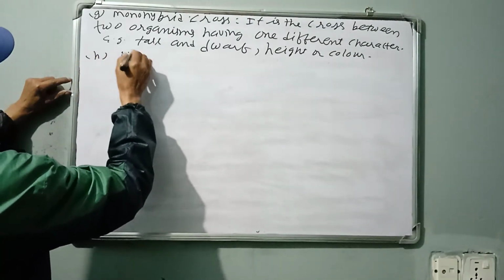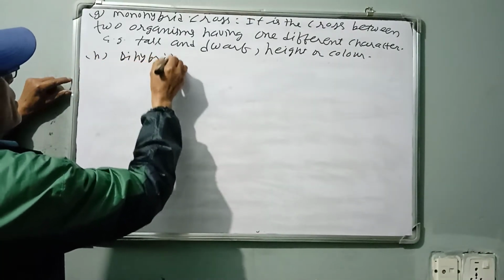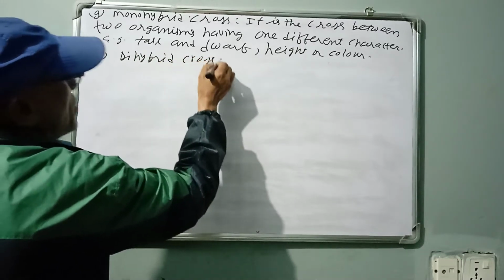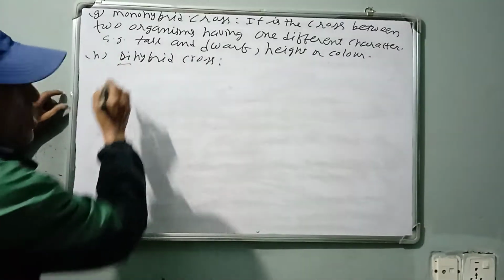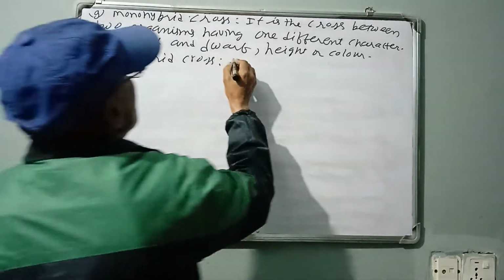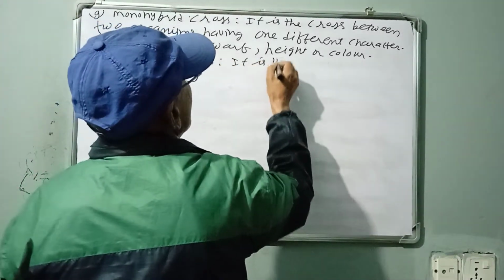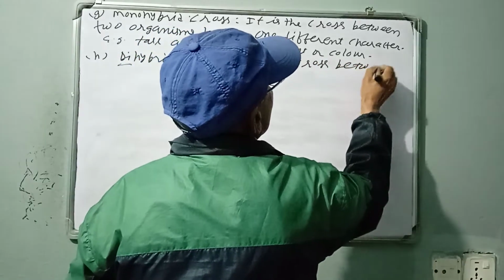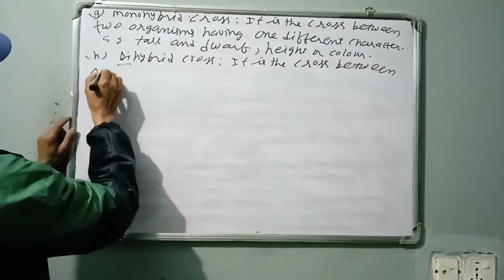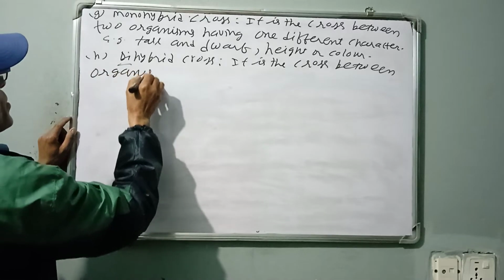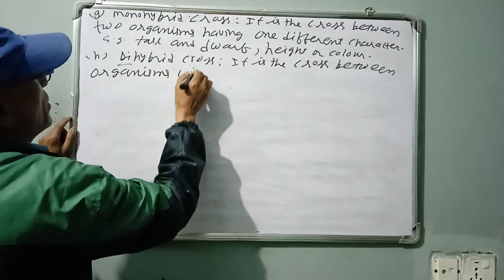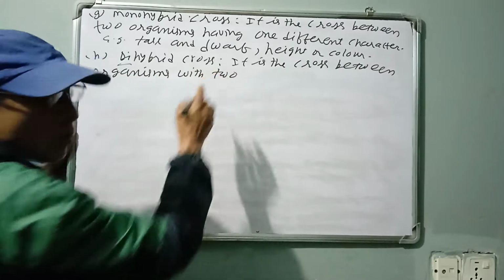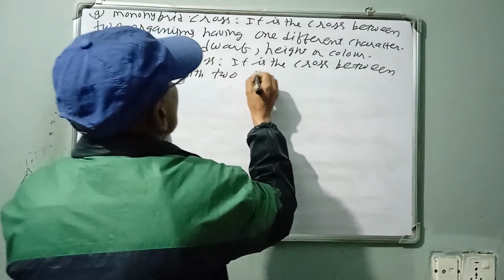Dihybrid cross. Just by the word, di means two. It is the cross between organisms with two contrasting or different characters.